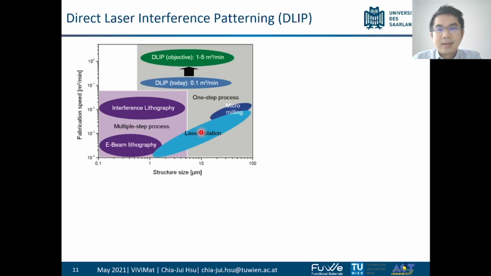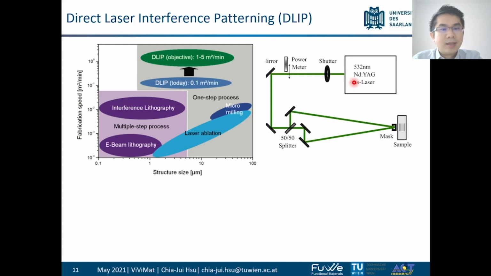Here the laser method I would like to show you is direct laser interference patterning, which we call DLIP, because normally it is difficult to have a very fine structure at a very fast speed. But by using DLIP, we can have a relatively good structure with a nice and fast speed.